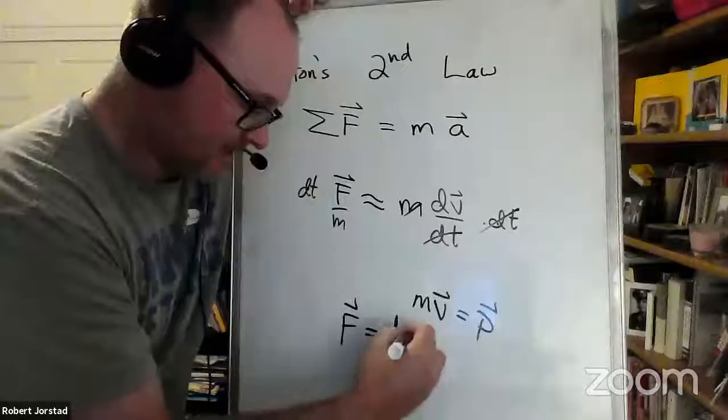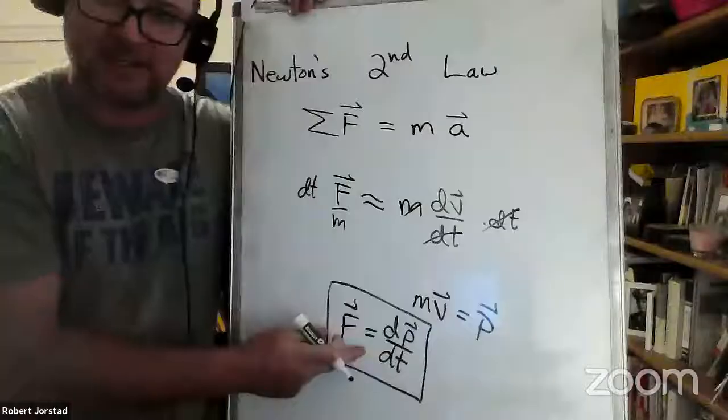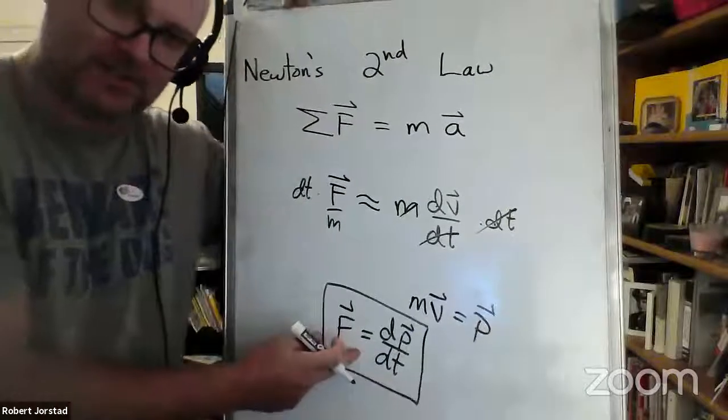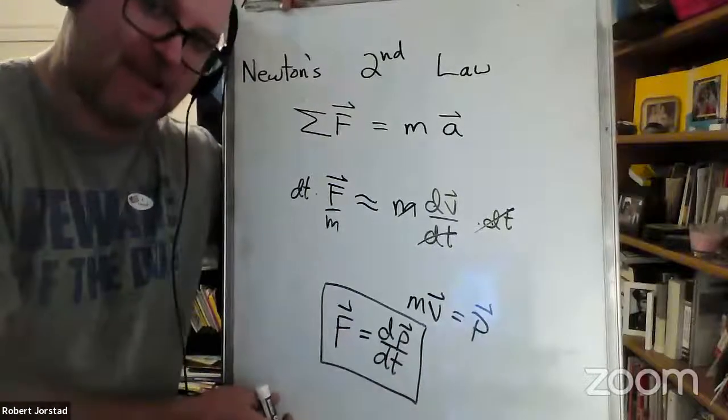So is momentum, like, does it have to do with how much force you need to stop that object or something like that? It's this. If you plug this in, this result is actually a better definition of force because this includes how the mass changes with time and everything.